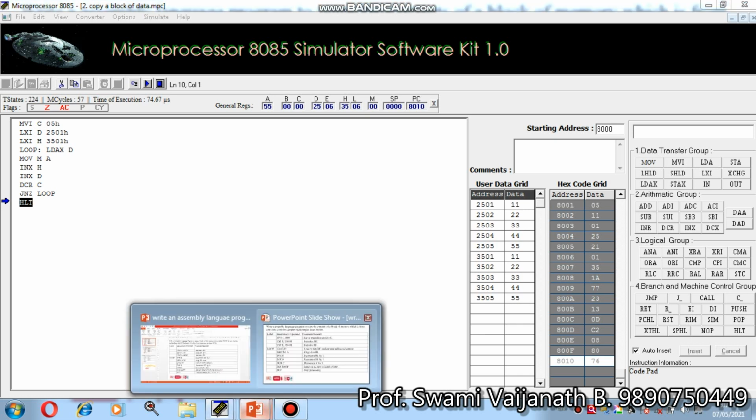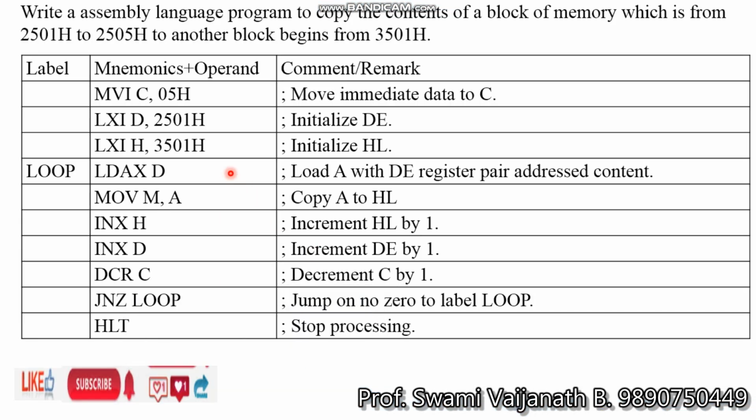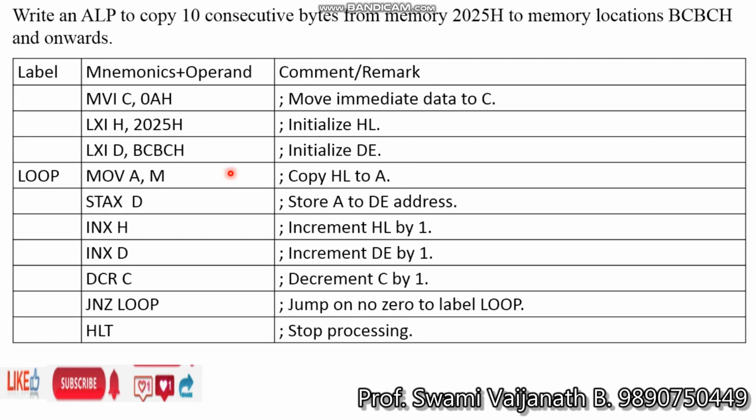After discussing this point, we now discuss the next similar program. Here a fixed count is given: write an ALP to copy 10 consecutive bytes, that is your count is 10, from the memory location starting at 2025H to the destination location starting at BCH2. So the first instruction is MVI C, 0AH.